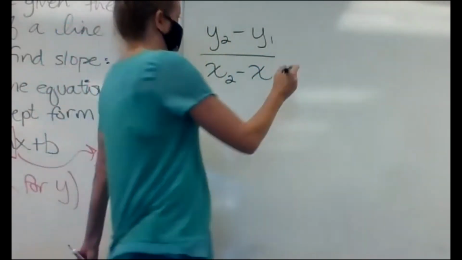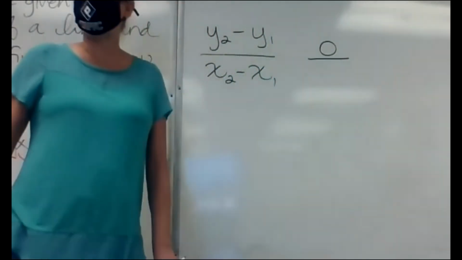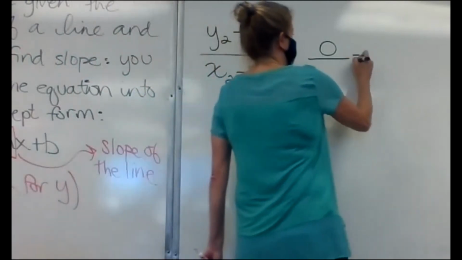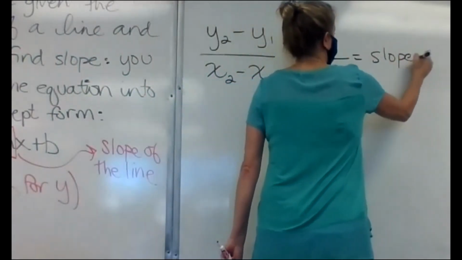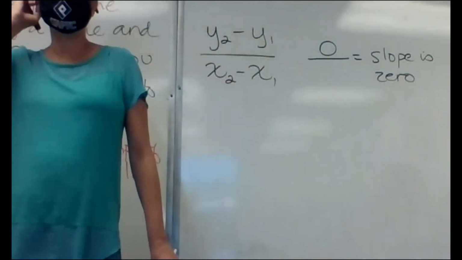When you are doing this, if your 0 comes up in the top of your fraction, that means your slope is 0.